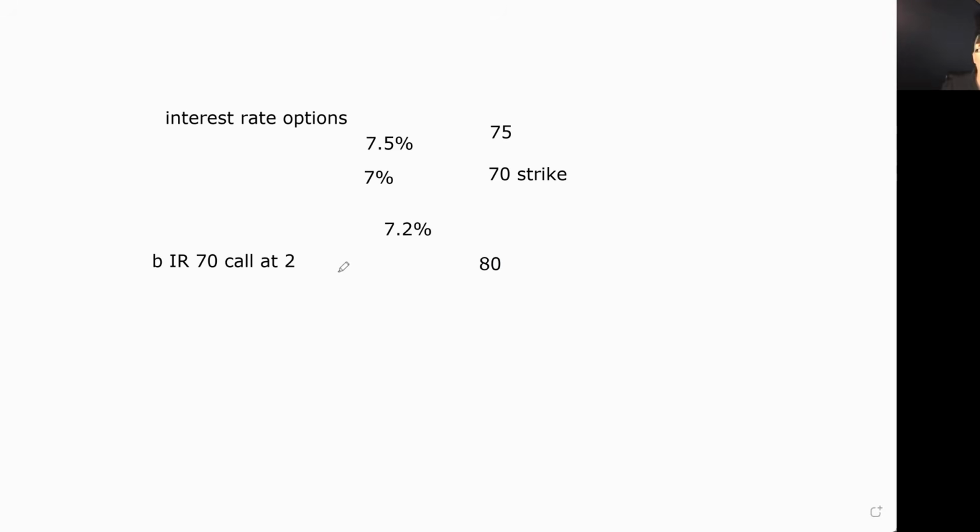Now, for the hedge, if you have a bond portfolio of long bonds, you would be worried that the interest rates would rise and the price of your bonds would go down. People don't really have short bond portfolios, it can be done, it's just stupid. So you would buy interest rate calls. To hedge a bond portfolio, you would buy interest rate calls.